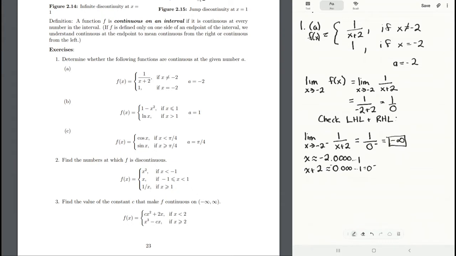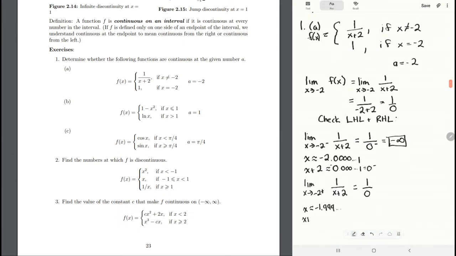Now let's also check the right-hand limit. Let's approach negative 2 from the right. If we let x go to negative 2 from the right, we get 1 over 0, and now we need to determine whether this is a small positive or a small negative number. If we're approaching negative 2 from the right, then x will be slightly larger than negative 2, for example negative 1.9 repeating.